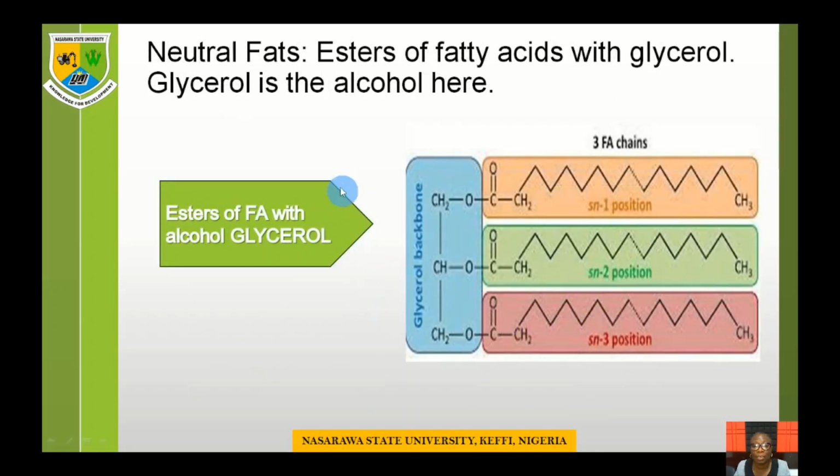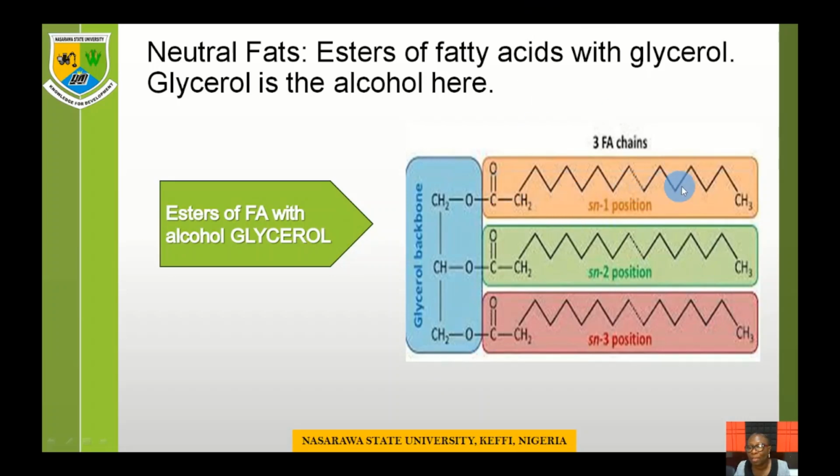Now, the fat and oil are also known as neutral fats. These are esters of fatty acids with glycerol. Glycerol is the alcohol here. If you look at this blue box, that is the glycerol backbone.